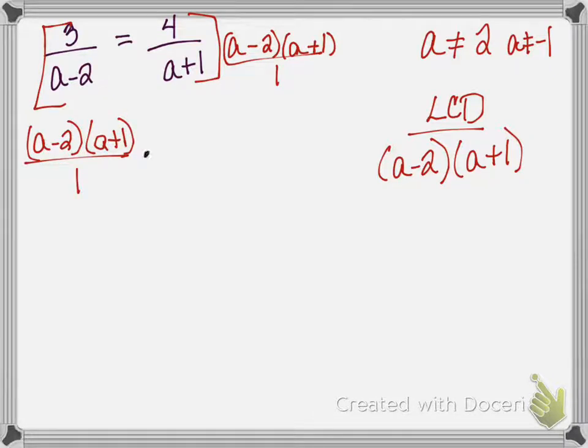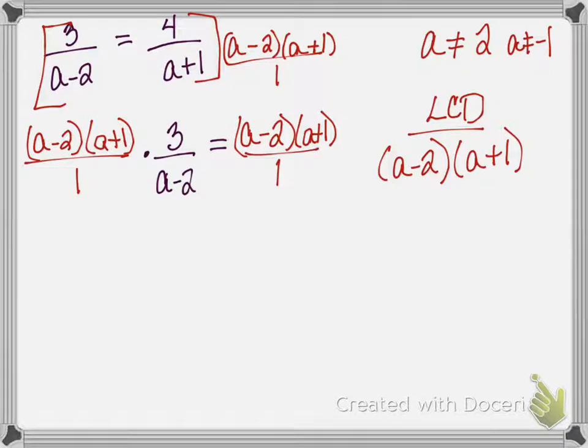And I am multiplying that times 3 over A minus 2. So now I have A minus 2 times A plus 1 times 4 over A plus 1.